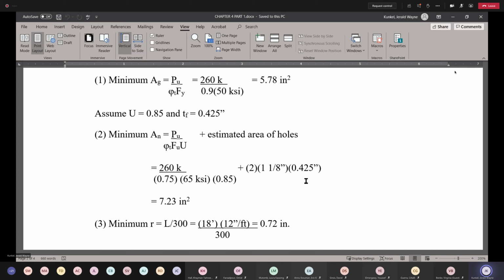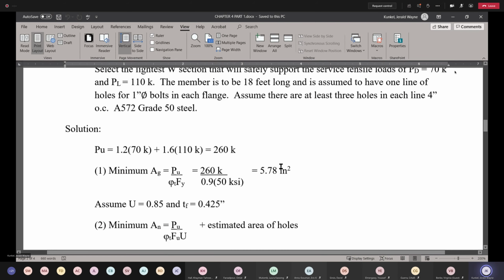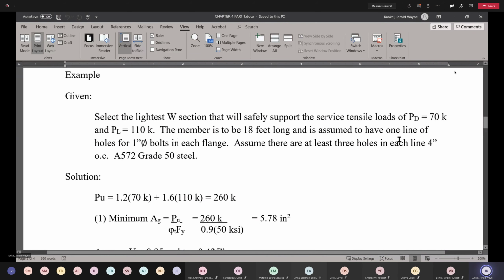So we're going to say, hey, these holes, 1-inch diameter bolts, that's 1.125-inch holes. The 0.425 was our guess at the thickness of the flange. And we got 2 holes, right? There would be 2 holes in that wide flange because it says 1 line of holes for 1-inch diameter bolts in each flange.